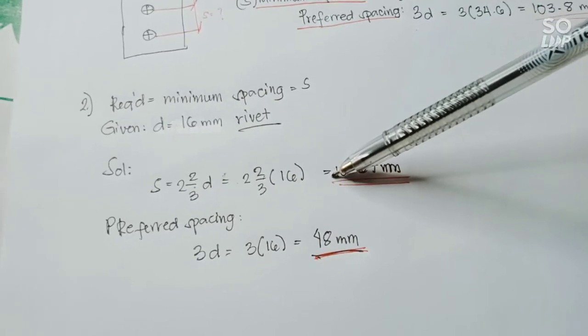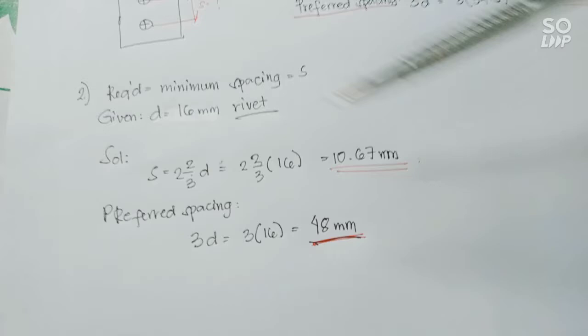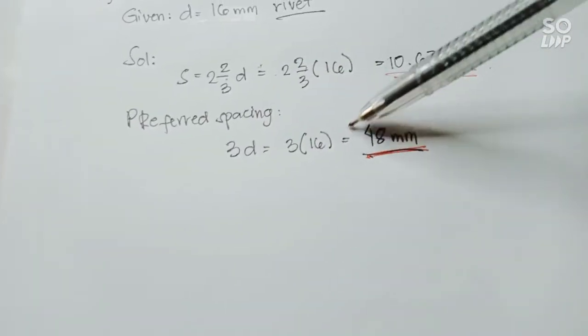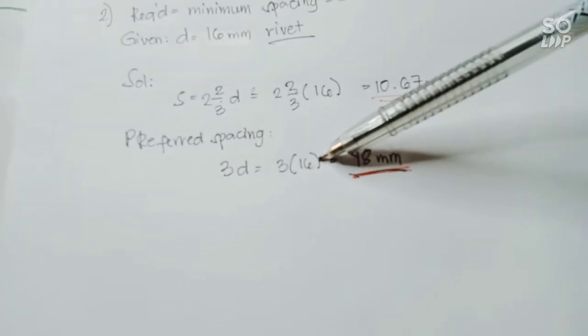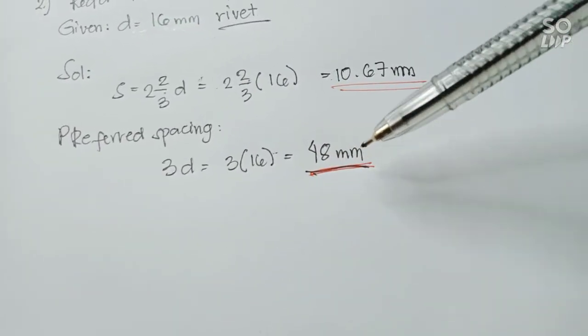The minimum spacing is 42.67 millimeters, and the preferred spacing, which is the 3D formula, substituting the 16 diameter, 3 times 16 equals 48 millimeters. So these are the answers.